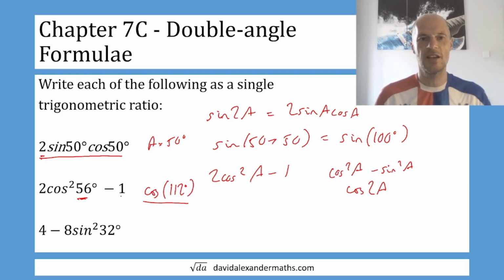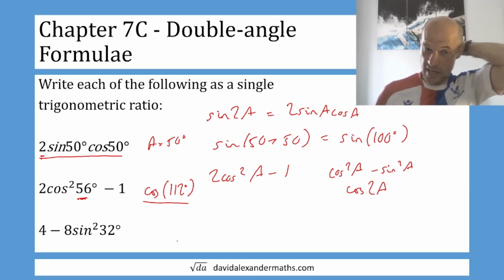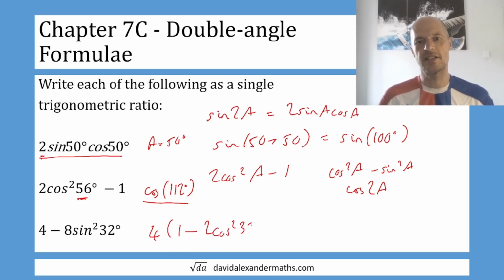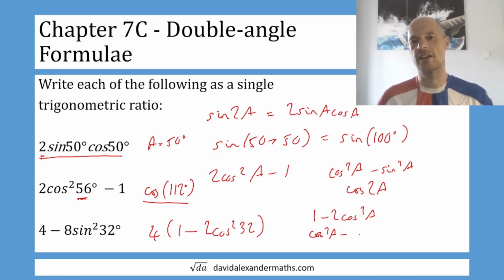Which is clearly much easier than writing 2 cos squared 56 minus 1. Okay, for this next example, we can see that this is 4 lots of 1 minus 2 cos squared 32. So 1 minus 2 cos squared A is another way we can write cos squared A minus sine squared A, which is the same as the cos of 2A.